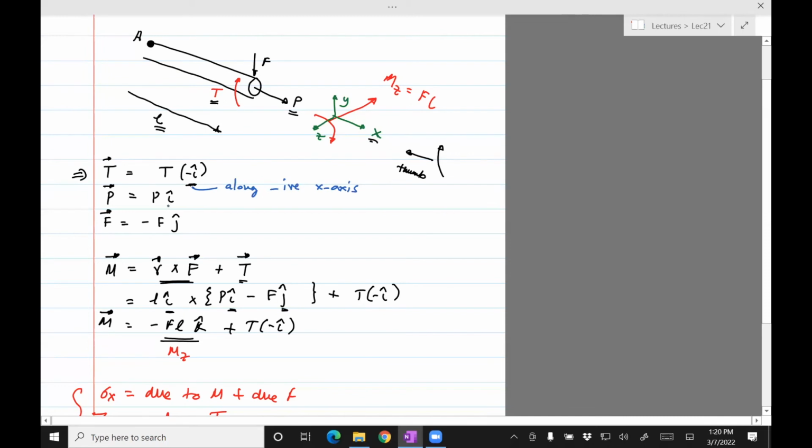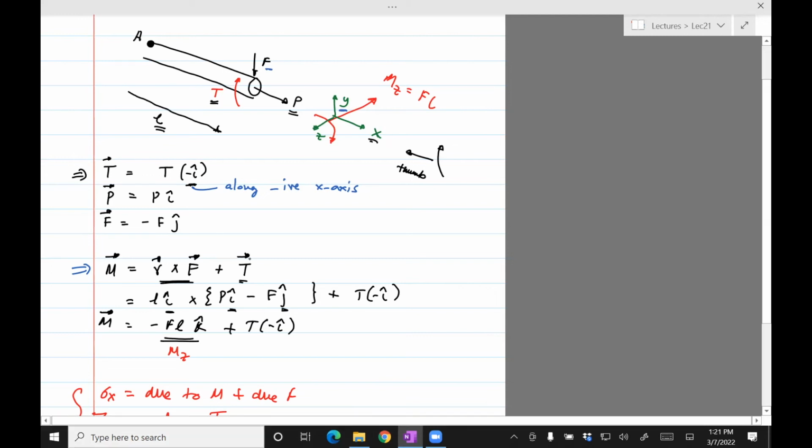P is obvious, it's pointing in the positive x direction, so it's Pi. And then the force F, as you can see here, is in the negative y direction, so it's negative Fj. Okay, so this is an equation from vector mechanics. That's the definition for moment. It's r cross F plus any torques you provide.